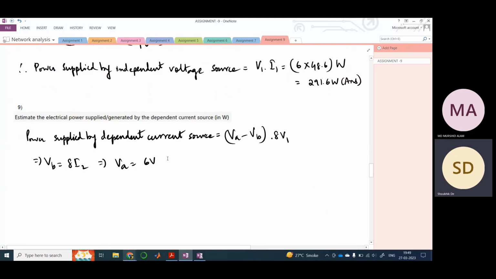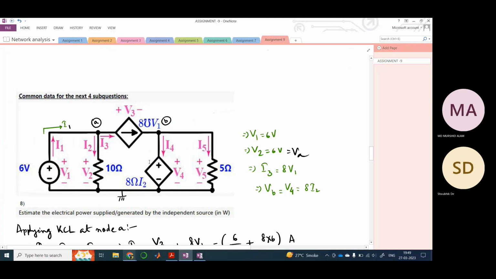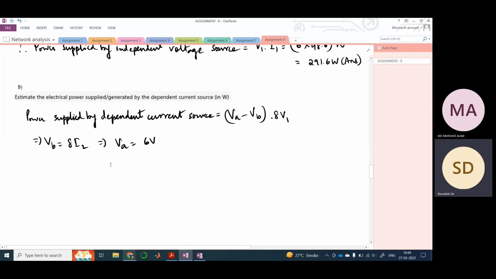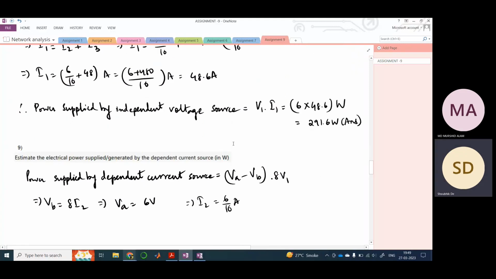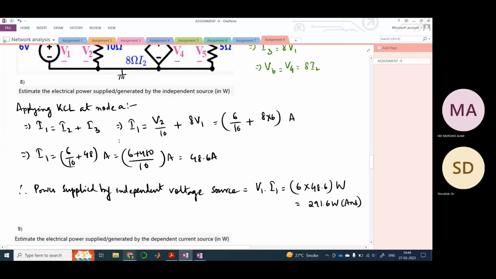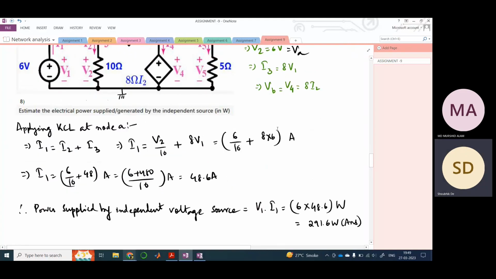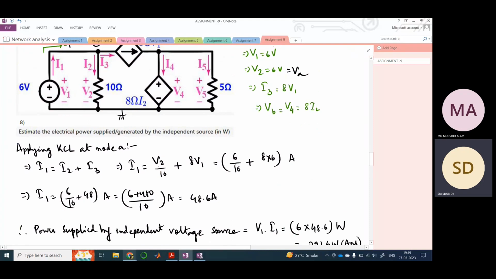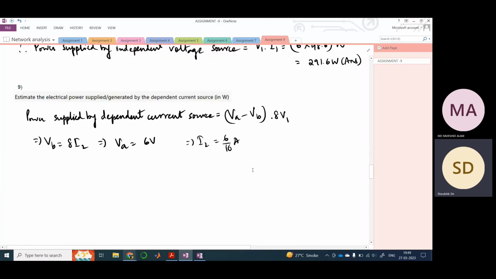So what would be I2? We found out I2 is nothing but 6 by 10 amperes. Yes, this is I2. I2 was V2 by 10 where V2 is 6. So therefore I2 is 6 by 10.